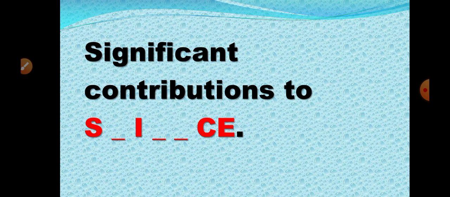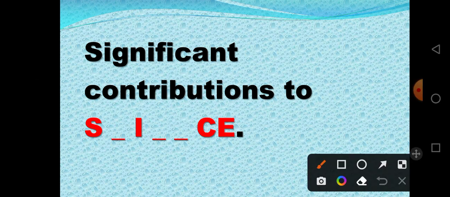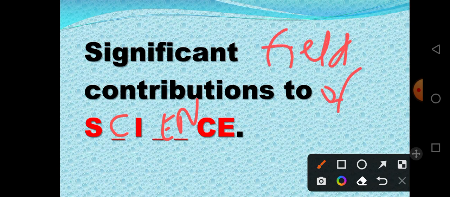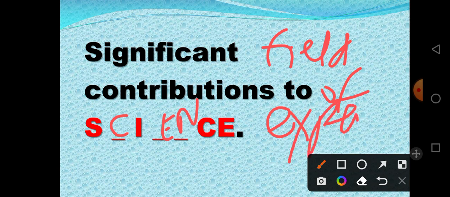In the case of your SIPs, you must highlight your study's significant contribution to science. Since we are dealing with your Science Investigatory Project, you must highlight your study's significant contribution to science.